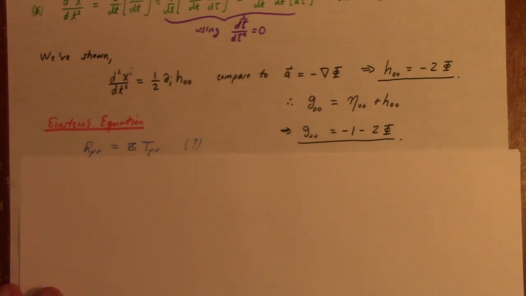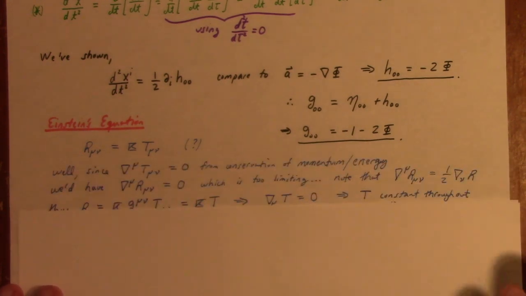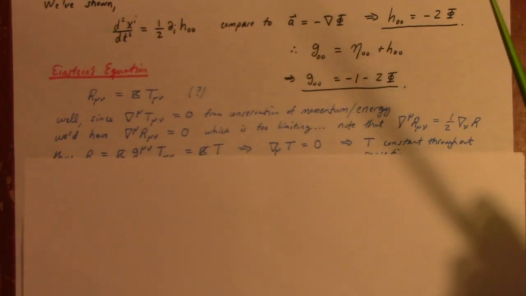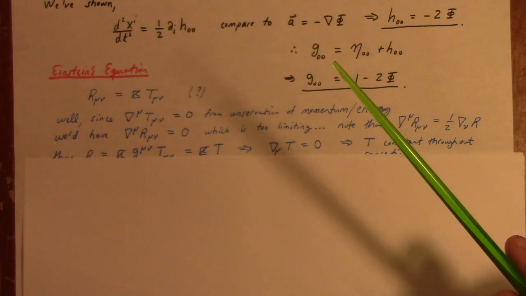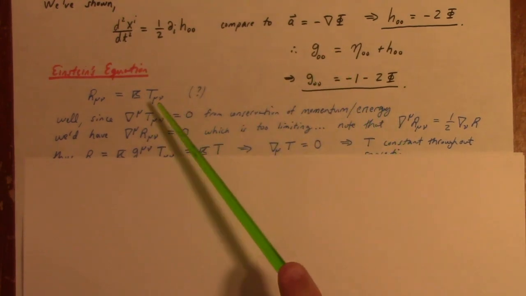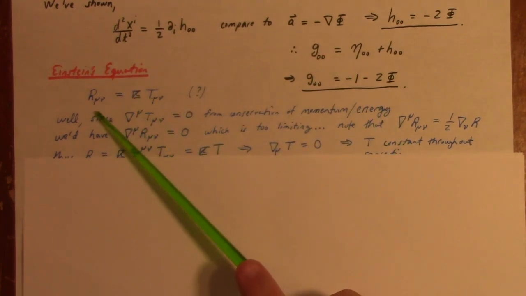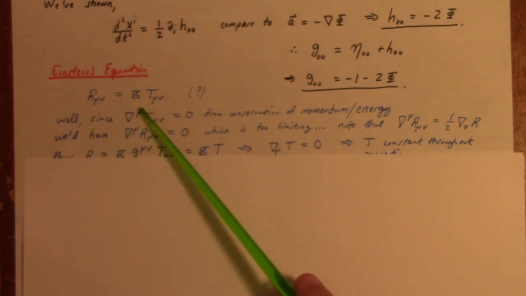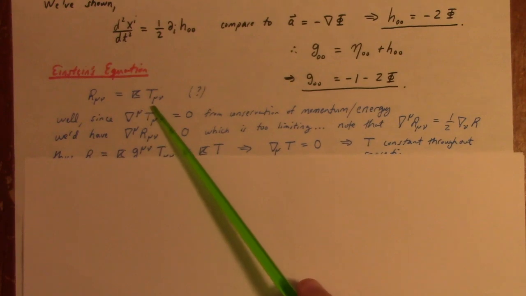Now Einstein's equation, there's a story there to be told as well. The first and most natural thing to try, and from what I read Einstein proposed this to start with, is just that the Ricci tensor was equal to the stress energy tensor times a constant, right?